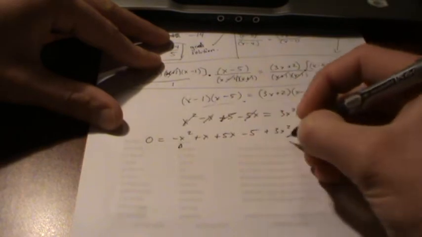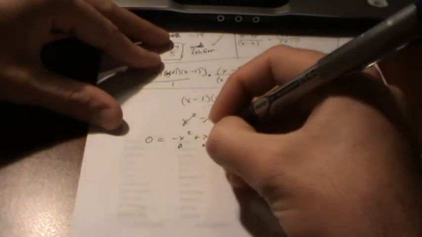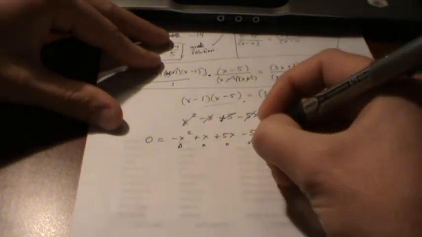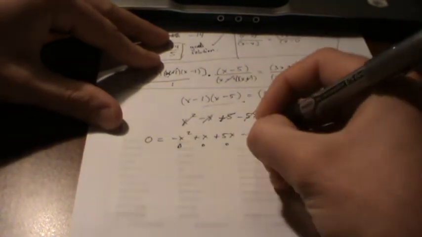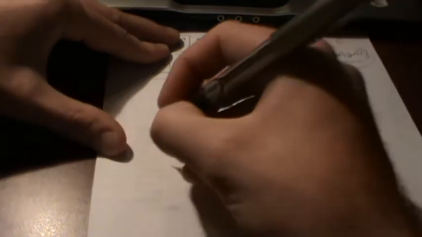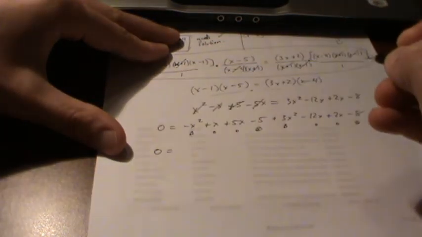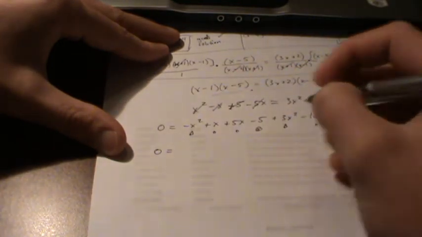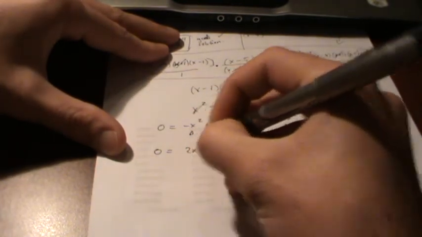Okay, it's looking big and mean, but it's actually not, because look, I've got a common term here. Here's some x terms as well. These are all going to go away, and then these here are also common terms. And look at what I'm going to get: something super simple. Negative x squared plus a 3x squared is a 2x squared.